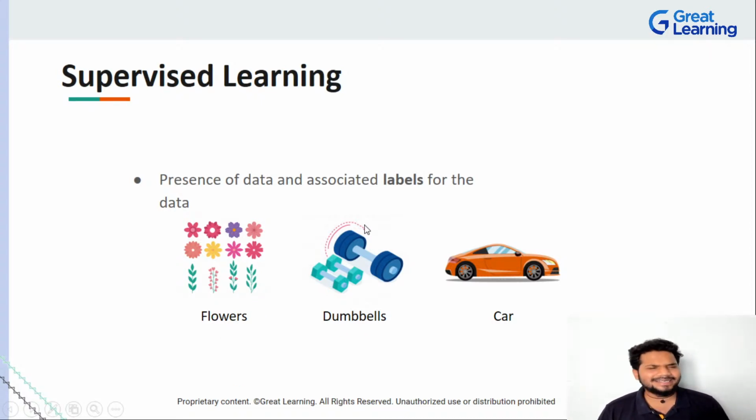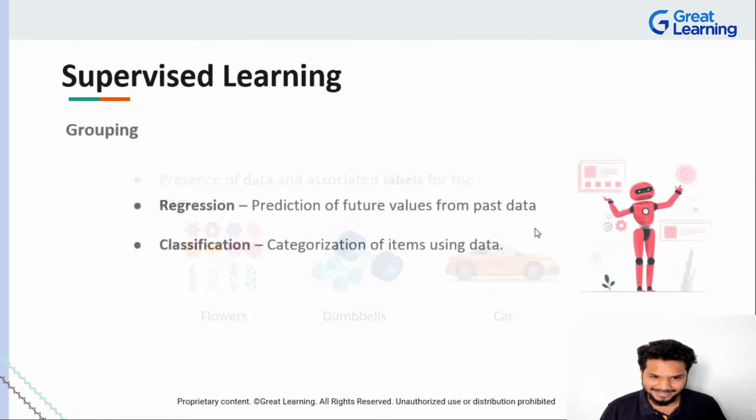Similarly, for dumbbells, I'll send it a couple of images of dumbbells, and every time I give it an image, I describe the image. Similarly, for a car. This way, it just sees the image, it knows what it is, and using this it will learn, so that the next time you send it another picture of a car, another picture of a dumbbell or a flower, it can guess that. But to guess that, it has to learn. To learn, we do this in supervised learning, right?